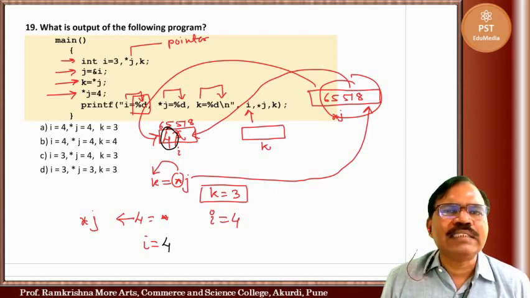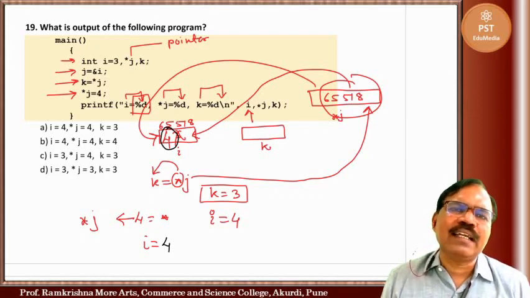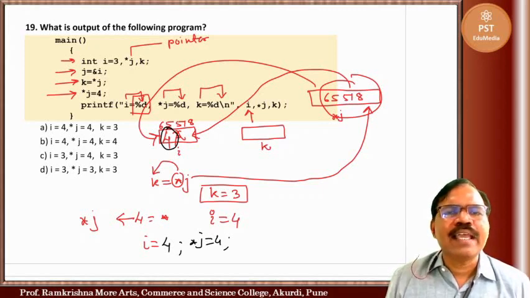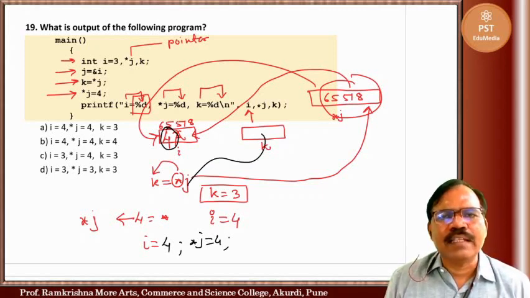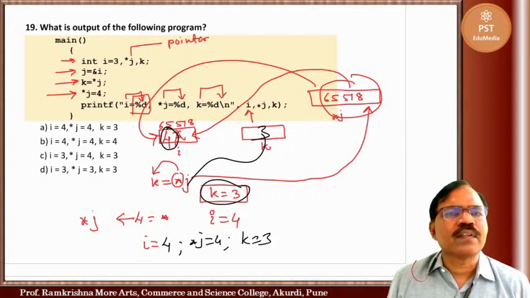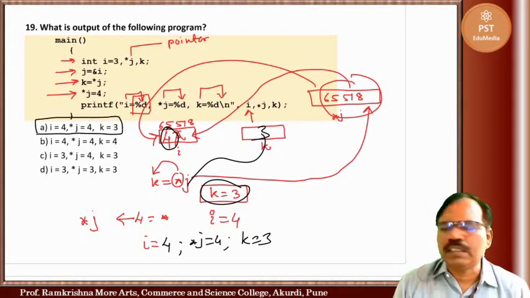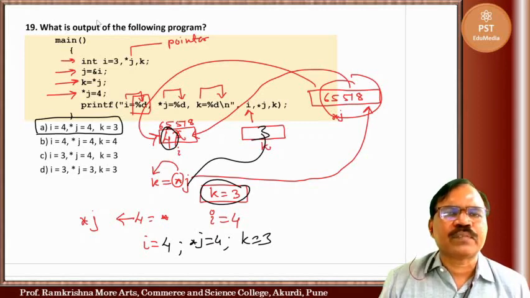Now *j means the content at the address present in j, that is also 4. And what is k? k has become 3 here. So i equal to 4, *j is equal to 4, k equal to 3. This is the correct answer.